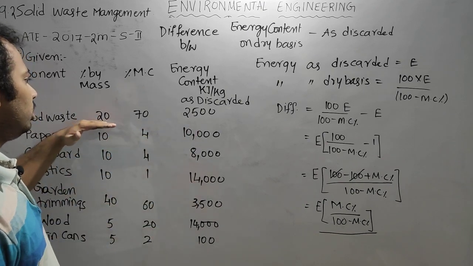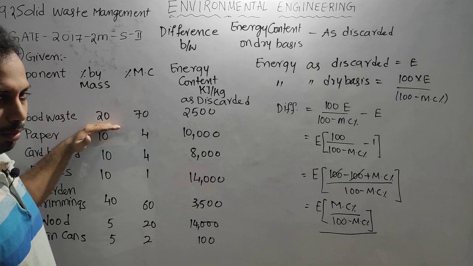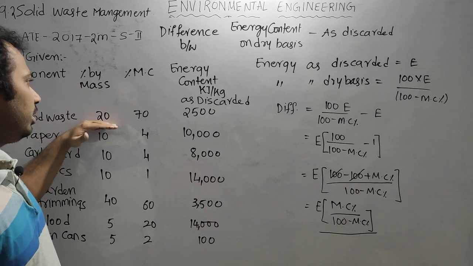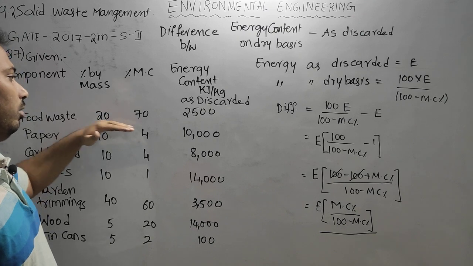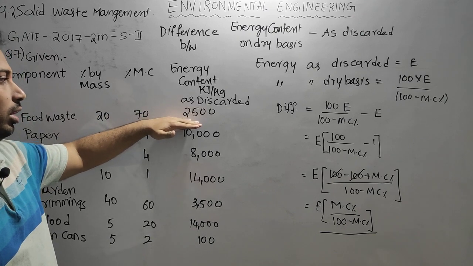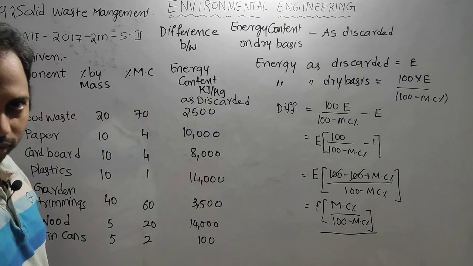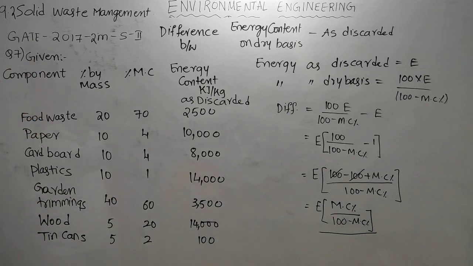But here the solid is not 100% present, it is only 20% present. Then if this is the energy for 100%, what is the energy for 20%? Are you getting the point?